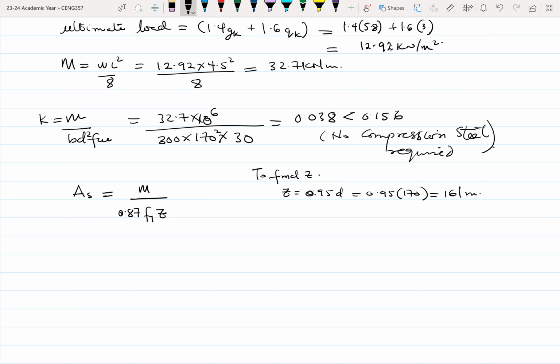But Z has to be between the limits. The upper limit is 0.95 D, and the lower limit is 0.775 D. So this here will be equal to 2.7 times 10 exponent 6 divided by 0.87 times 460 times 161.